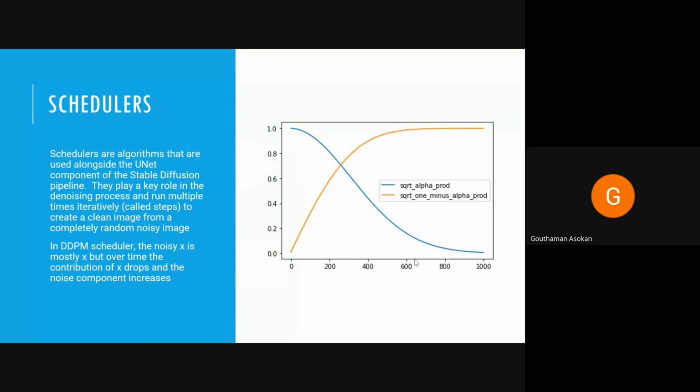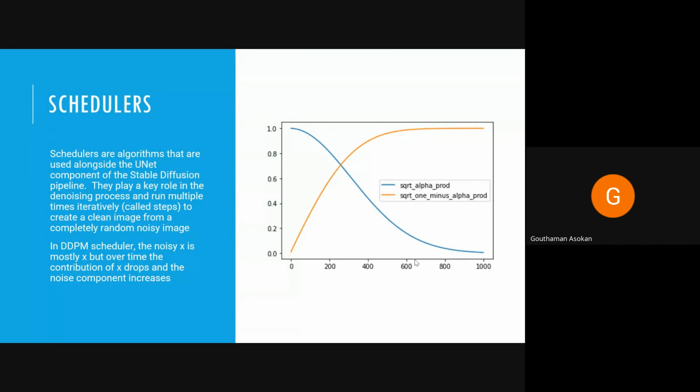They play a key role in both noising and denoising. What schedulers do is, at different time steps, they tell how to add the noise. This noise could be added in different ways, and there are different schedulers which add noise in different ways.